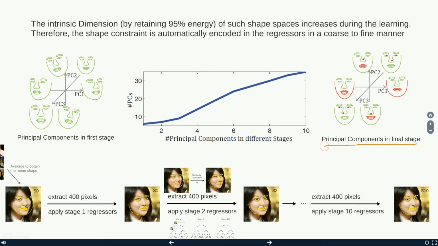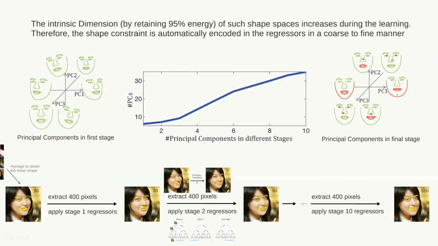But in the final stage, it would make finer changes. For example, it determines whether the mouth opens or not, or whether it smiles or not. So this way, although nothing was done to explicitly guarantee this, as we train the model, it automatically encodes the regressors in a coarse to fine manner. So these are the coarse, these are the bigger changes, and these are the finer changes in the later stage.